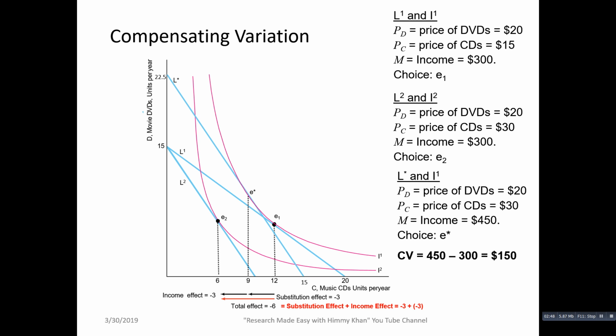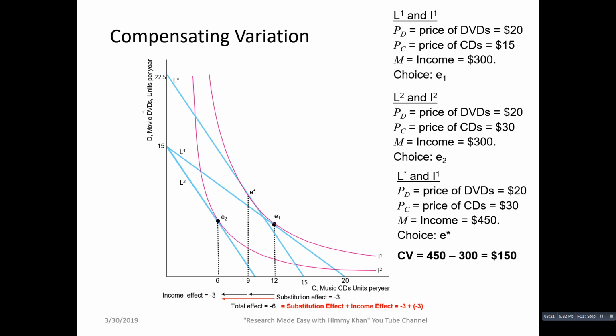So when income is 300, price of DVD is $20 and price of CD is $15, the consumer can purchase 20 units of CD when he spends all his income on the purchase of CD, or he can purchase 15 units of DVDs if he spends his entire income on purchasing DVDs, or any combination of CDs and DVDs in between the two extremes.